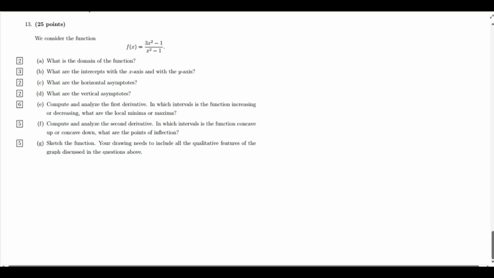The first part asks: what is the domain of the function? This is curve sketching, and to sketch a curve I have this acronym called LADVIS: the domain, the limit, the asymptote, the turning point, the variation table, the intercept, and the slope or sketch.